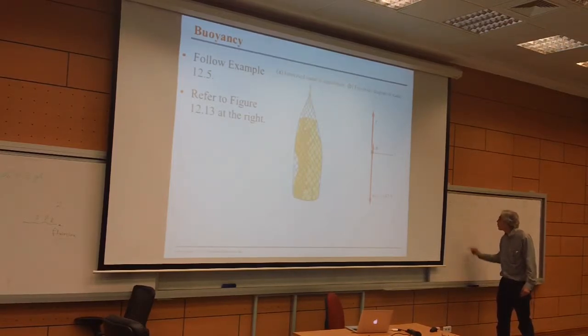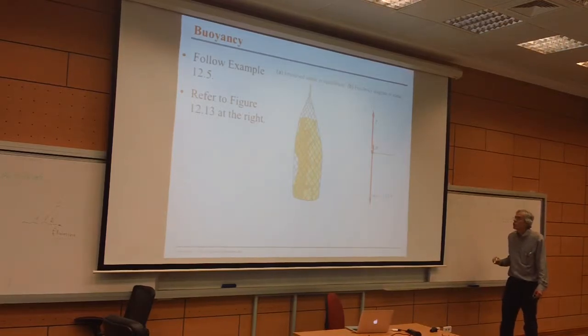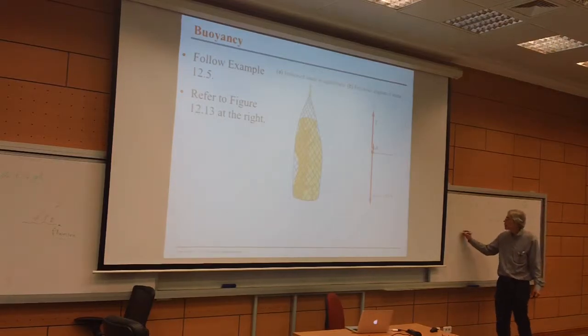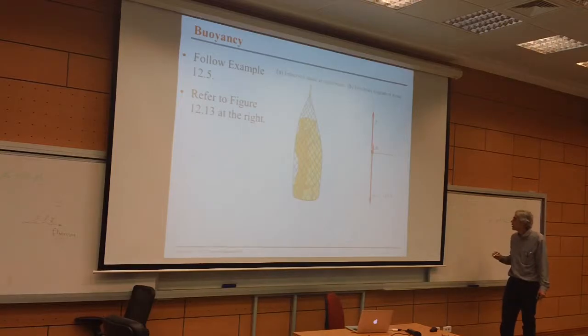Now, the buoyant force is going to be equal to the weight of the fluid displaced, right? So this is rho of the water times the volume of the water times g.